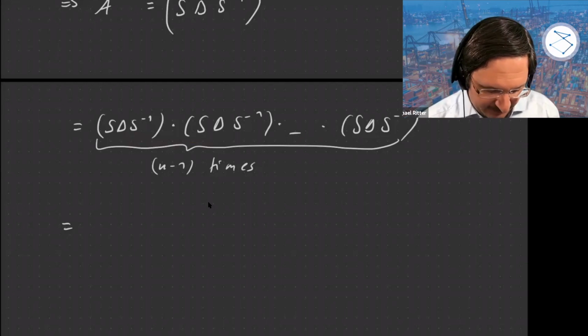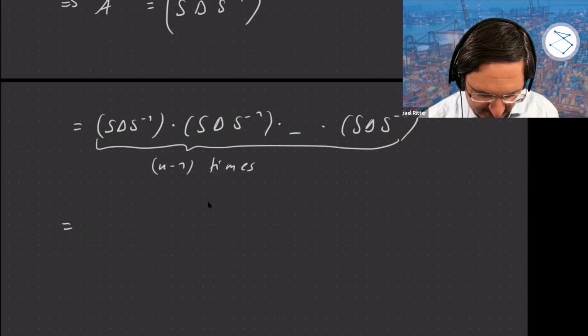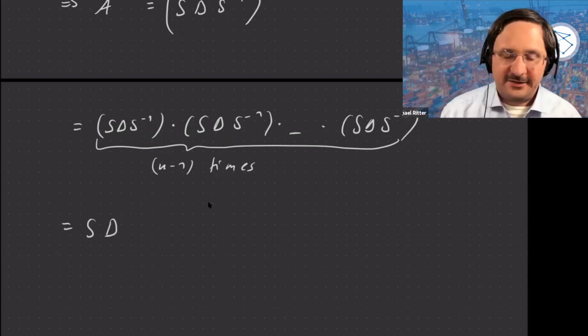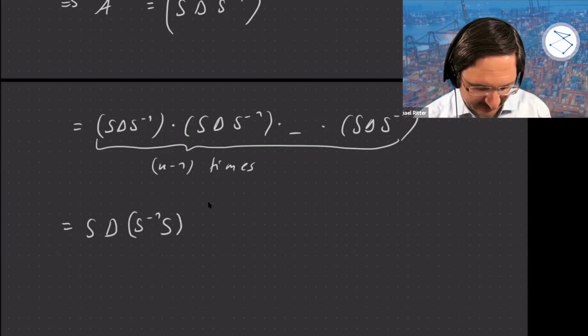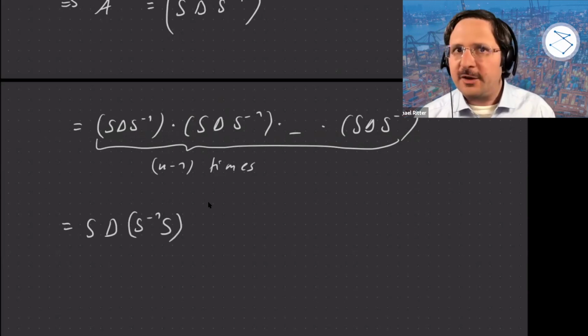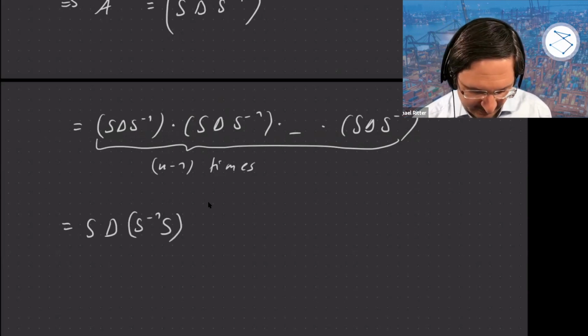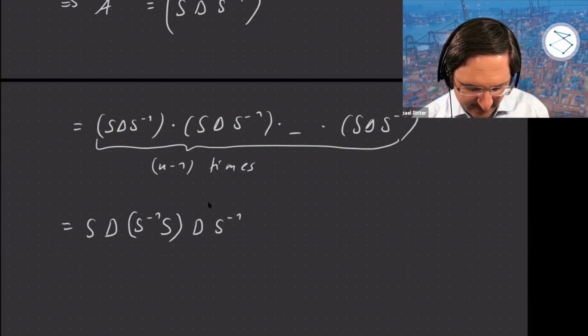So in particular, we can start by, let's keep SD on the left. Then we have S to the minus 1 S. Let's start by computing that because that's easy. Then we again have a D. Then we have an S to the minus 1, and here next would come an S again.